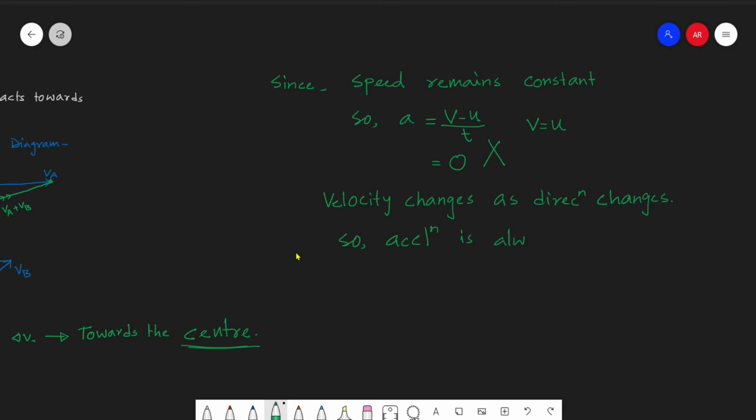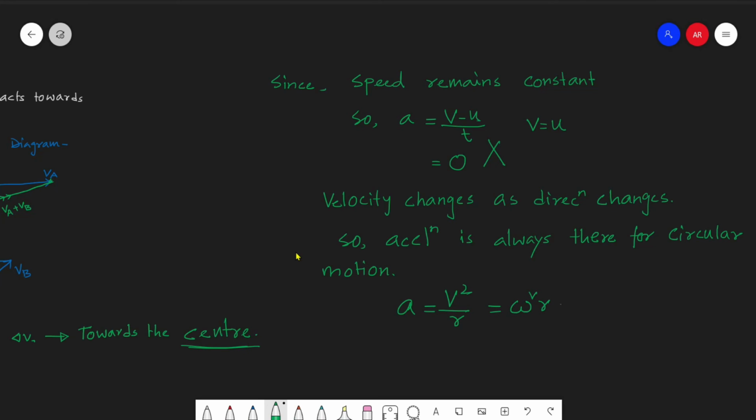Acceleration is always there when the object is on a circular track. But this acceleration magnitude cannot be calculated with just v minus u by t, because when speed remains constant, v and u have the same magnitude. So if I put down the same value here, I'm going to get zero.